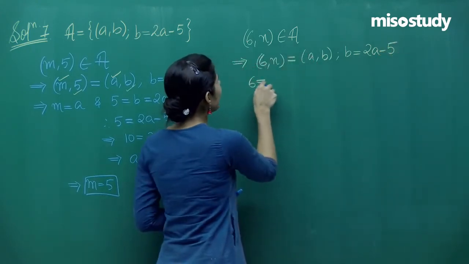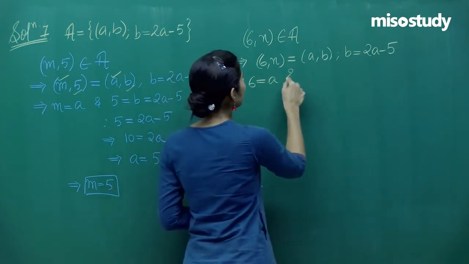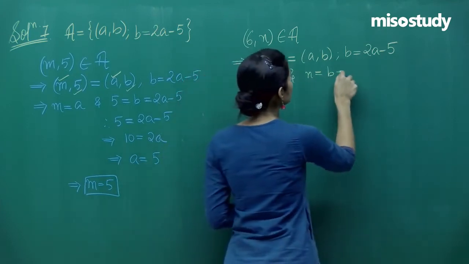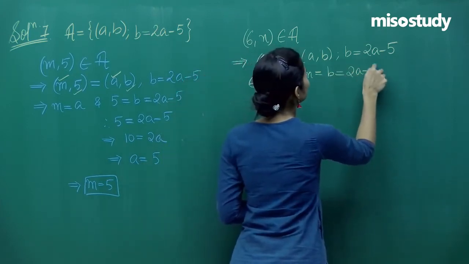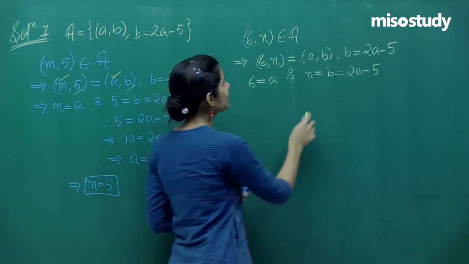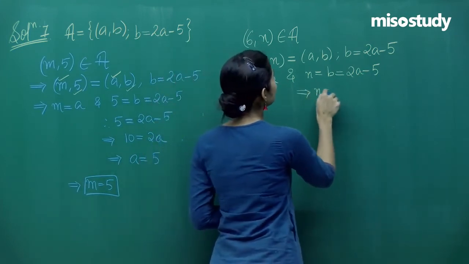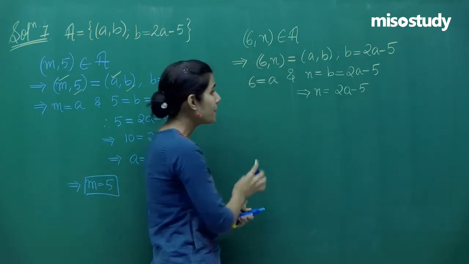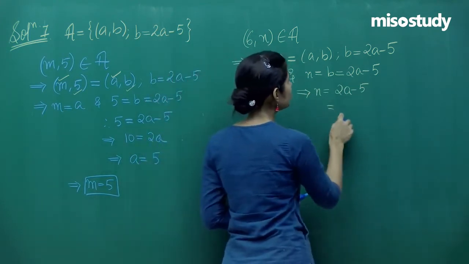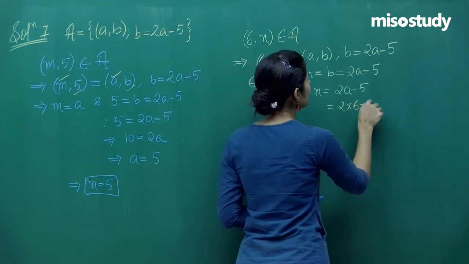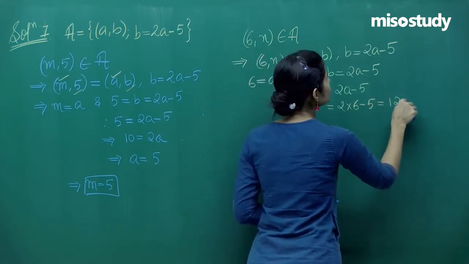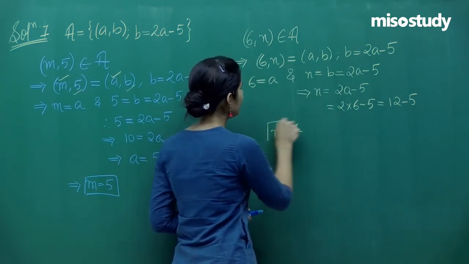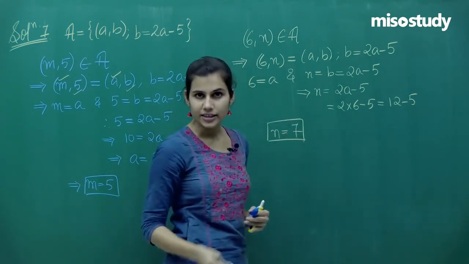Again, this would imply 6 is equal to a and n is equal to b. But b is equal to 2a minus 5, and this implies n is equal to 2a minus 5. What is my a? My a is 6. Just substitute it. You get 2 into 6 minus 5, which is 12 minus 5, by which you get your n to be equal to 7.